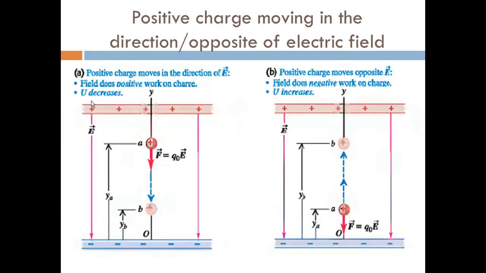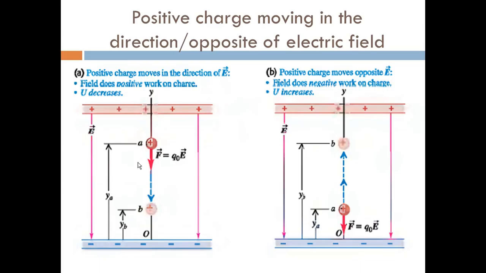Obviously, the force is going downward, and the proton moves from point A to point B. Therefore, the displacement is also downward. Therefore, the force and the displacement are in the same direction. And try to recall from our previous discussion, if the force and the displacement are in the same direction, what is the sign of the work done? The work done is actually positive.